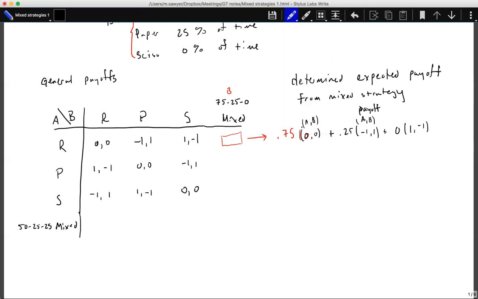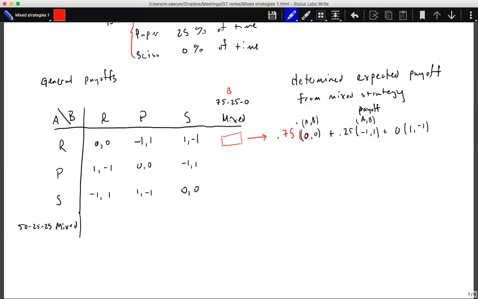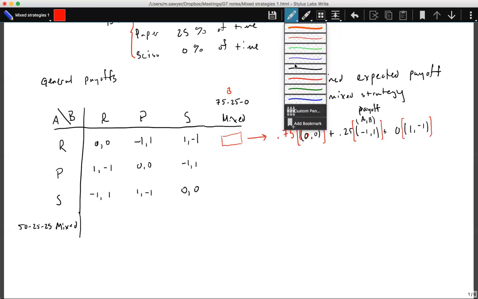One thing to note is these are payoffs, so these are not multiplication in the sense of parentheses. These are payoffs, so let's indicate these with brackets. So we can think of this as 75% of the time we'll get 0, 0, plus 25% of the time we'll get -1, 1, plus 0% of the time we'll get 1, -1.